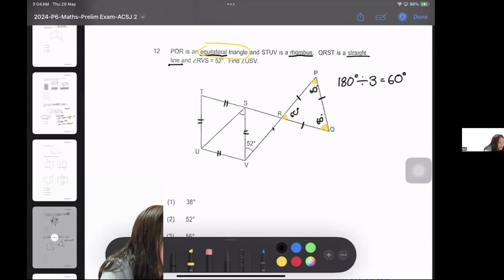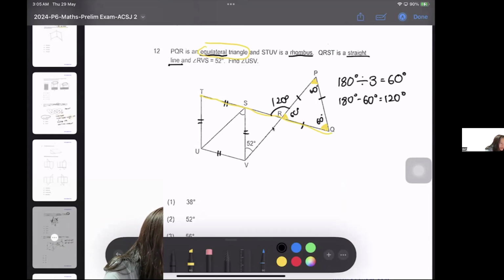If we use all angles on a straight line add up to 180 degrees, and this is your straight line, then it'll be 180 degrees minus 60 degrees equals 120 degrees. Right, this one will be 120 degrees. Then you do the next one, 180 degrees minus 120 degrees equals 60 degrees. So this one is 60 degrees.